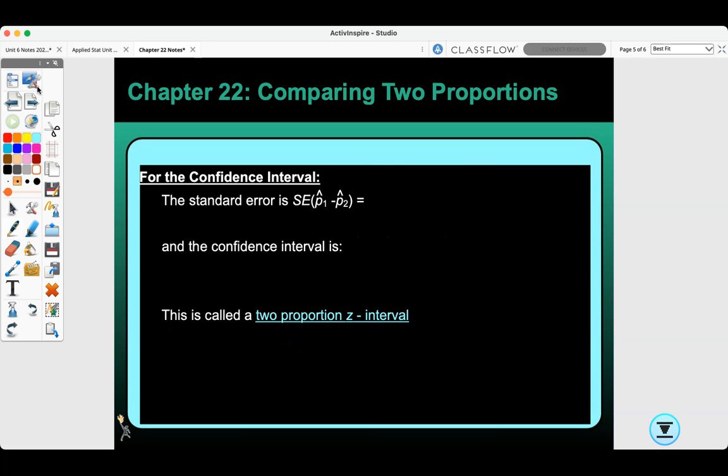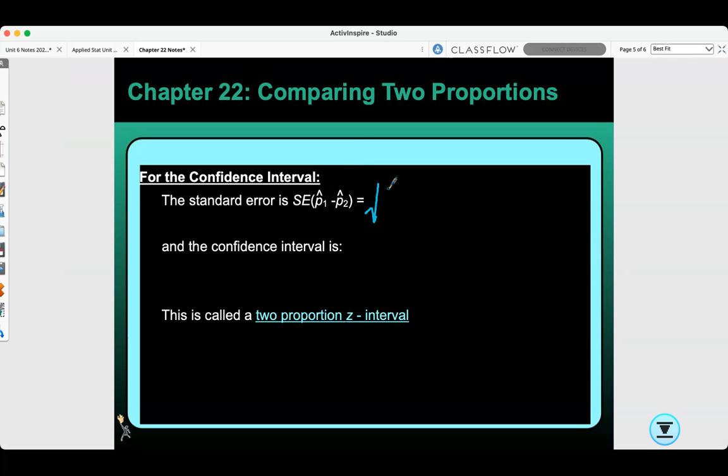For the confidence interval, the standard error is the square root of P hat 1, Q hat 1 all over N1 plus P hat 2, Q hat 2 all over N2.